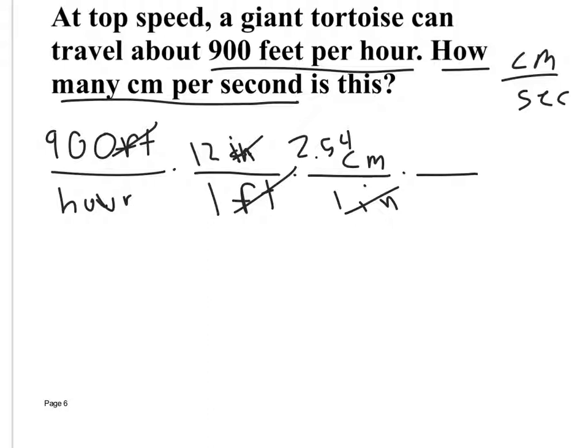If you don't know how many seconds are in an hour, okay, do you know how many minutes are in an hour? 60. So I'm going to go hour on top, minute on bottom. There are 60 minutes in an hour, which hours will cancel. And then I'm going to get rid of minutes by going from minutes to seconds, because do I know how many seconds are in a minute? 60.